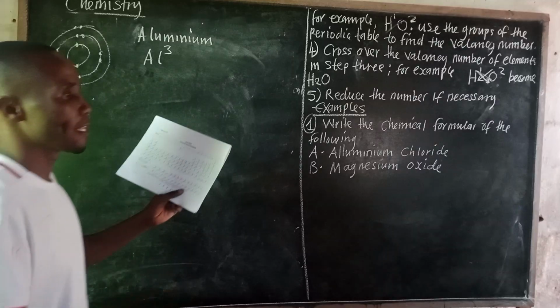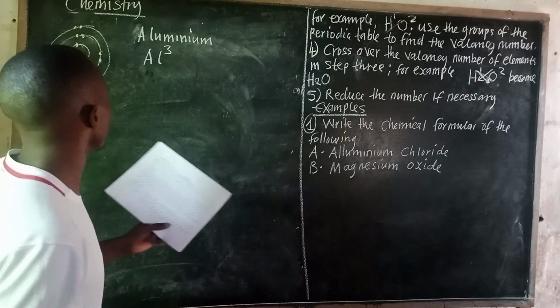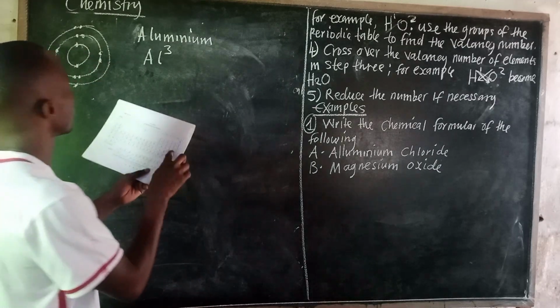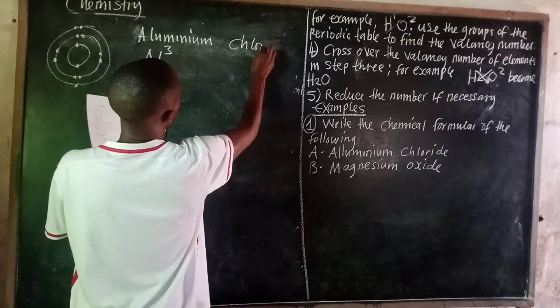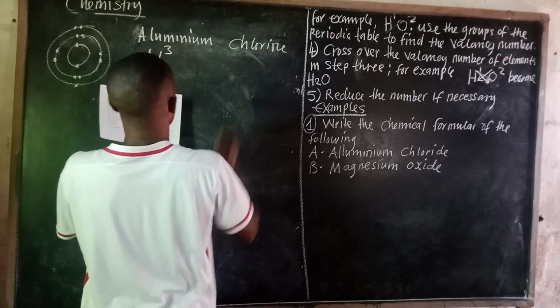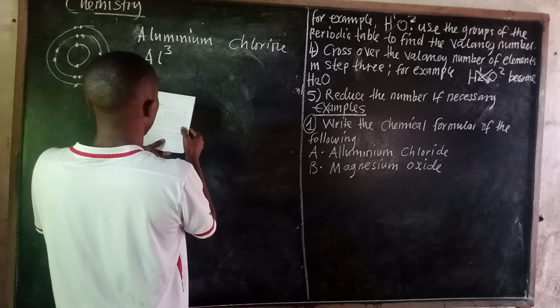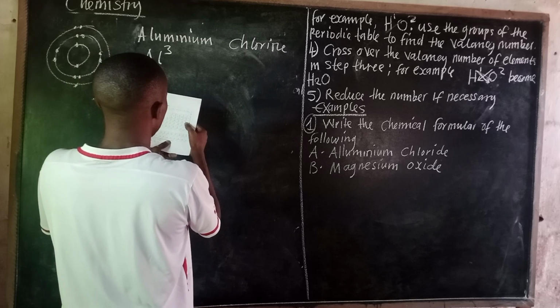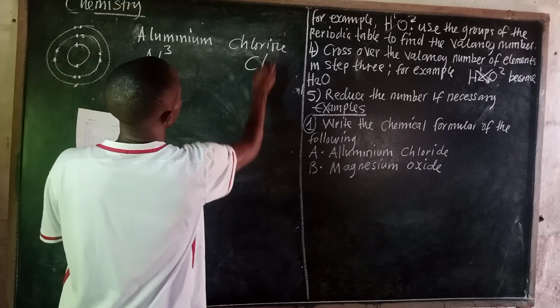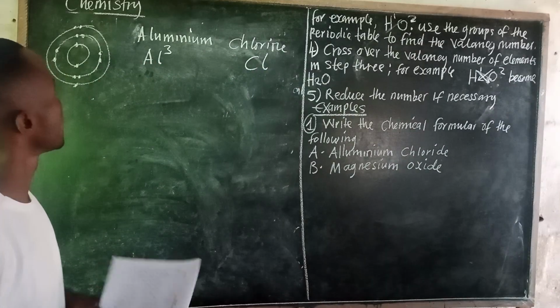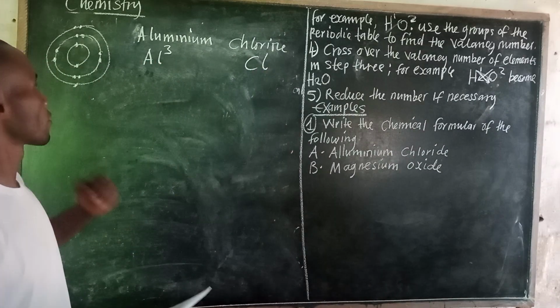And it has the atomic number of 17. Okay, that is chlorine. So the first thing, we write chlorine. Then the chemical symbol for chlorine is Cl.